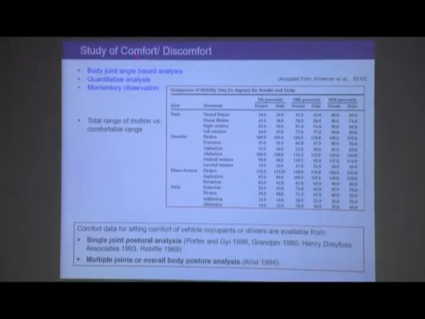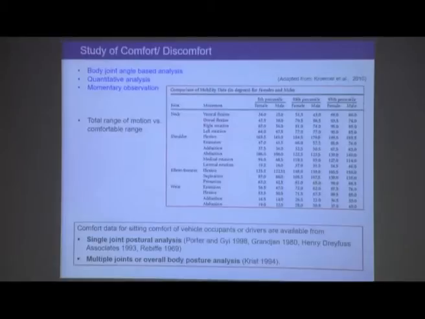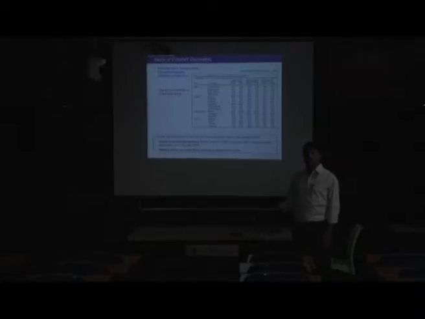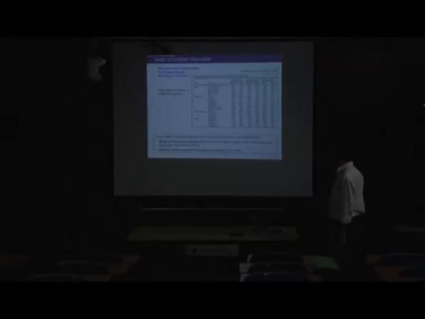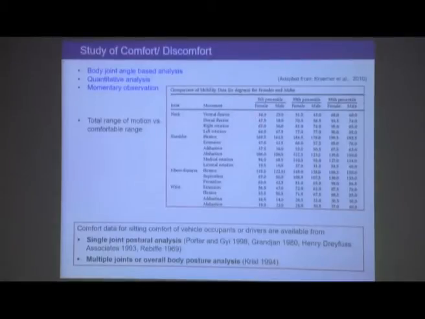Now, while we are discussing comfort and discomfort in digital human modeling software, as it is dependent on body joint angle, we are referring to our earlier module where it was mentioned that we need a comfort database and range of motion data. Generally for different body joints, neck, shoulder, elbow, there are different degrees of freedom, such as ventral flexion, dorsal flexion, flexion, extension, adduction, abduction, different types of body part movements, and we can collect data.